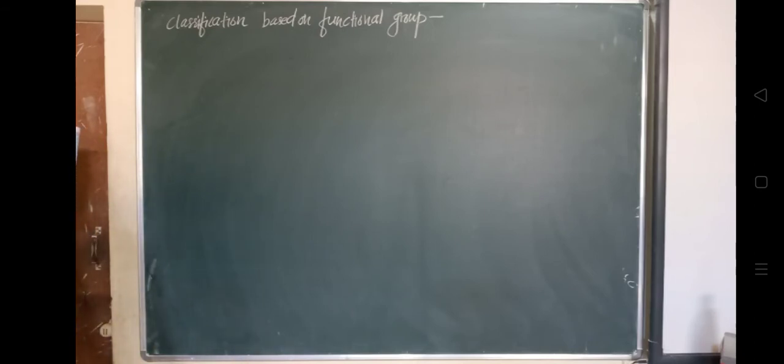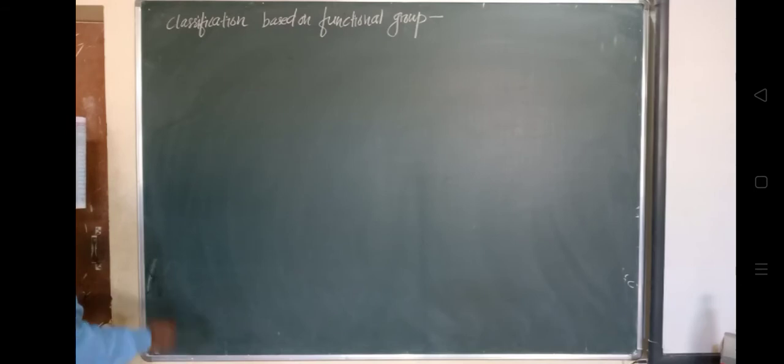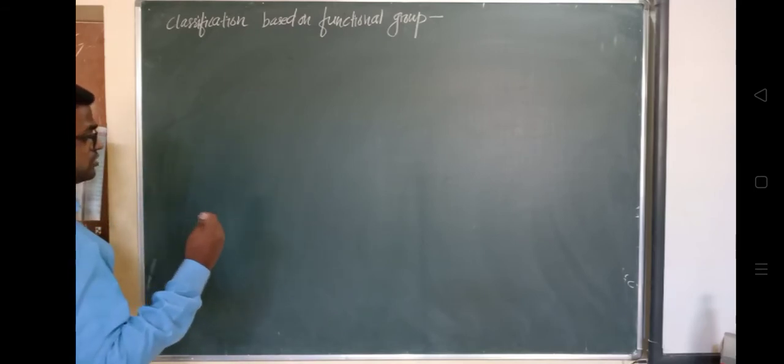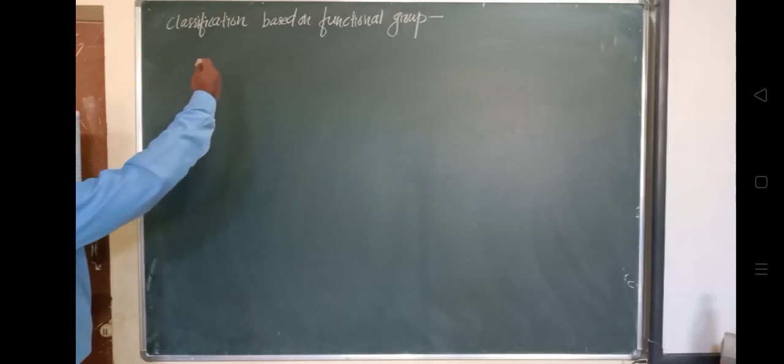So the second method of classification of organic compounds is based on the nature of the functional group. The resulting individual class is called a family, and it is named after the constituent functional group. The functional group gives the name.